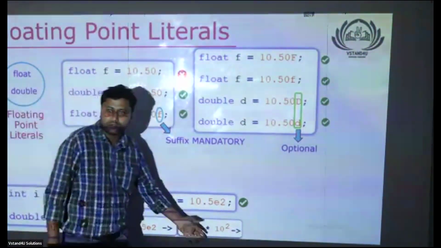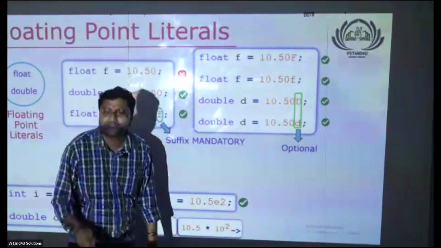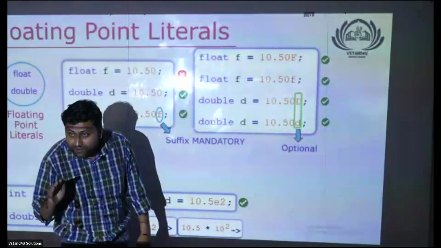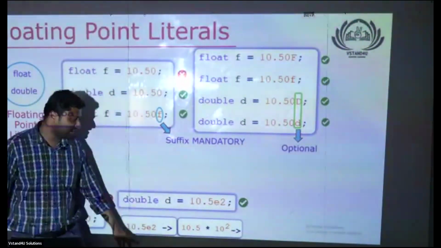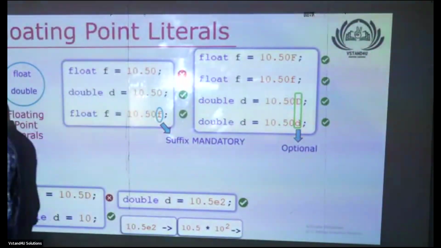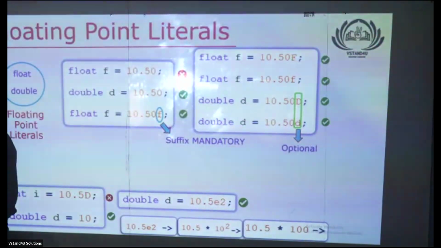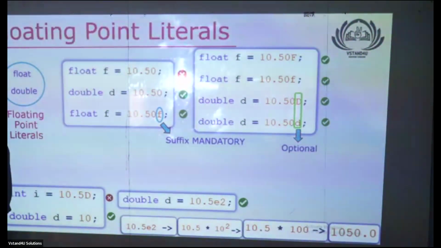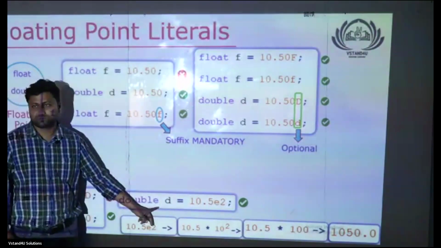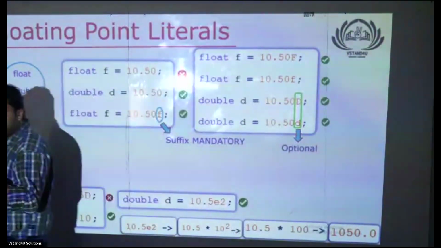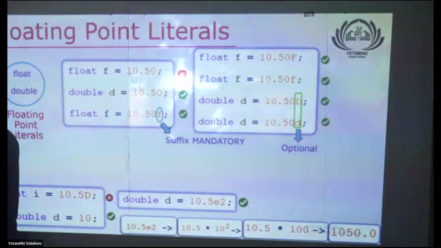In mathematics, we have learned logarithmic and exponent values. 10 raised to the power 2 is 100, so 10.5 into 100 equals 1050.0, because it is a double value. If a decimal is not there, .0 will be there for sure. Am I clear?